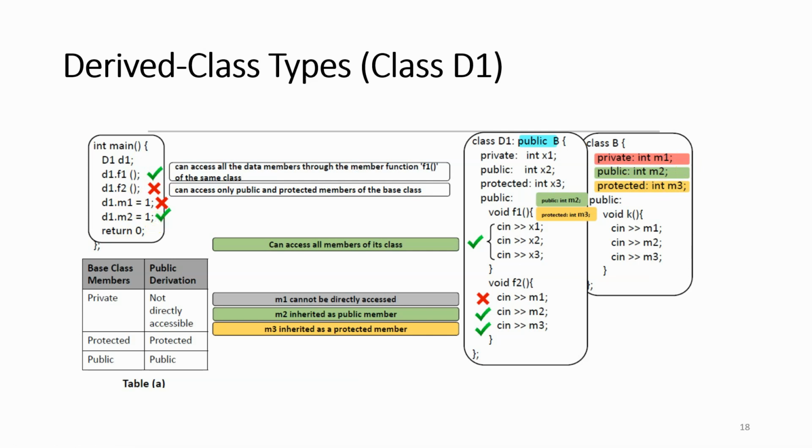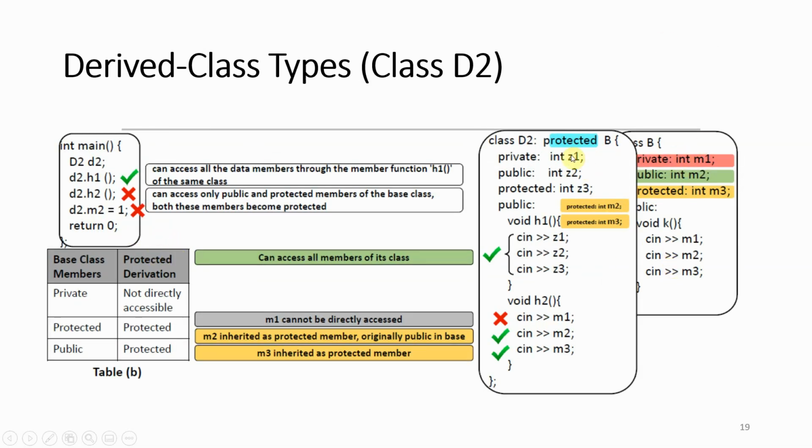Okay, right? D1.M3 is not going to be okay. Why? Because it's protected. It's going to be protected here as well. So it means that it's not going to be accessible by a non-member function. It is accessible here by member functions of class D1, but it's not going to be accessible by a non-member function.